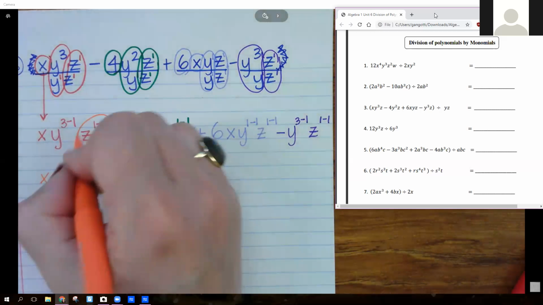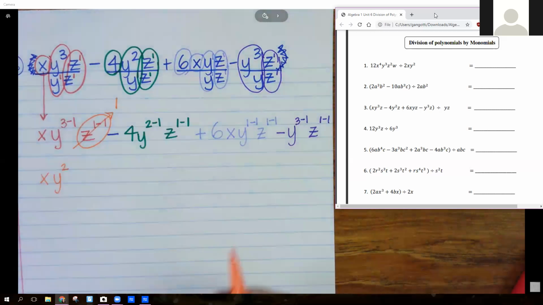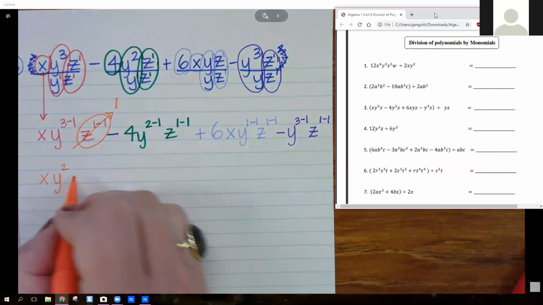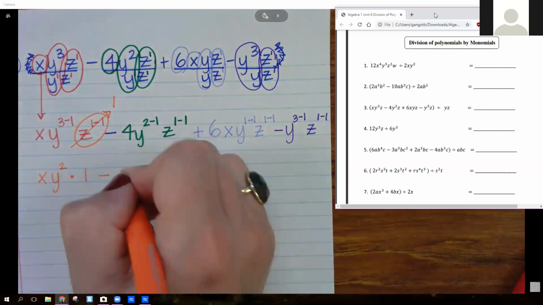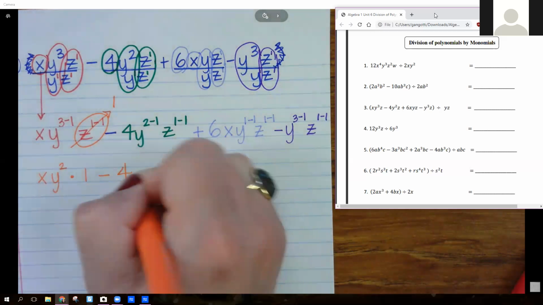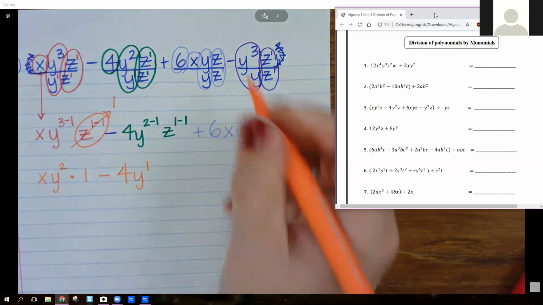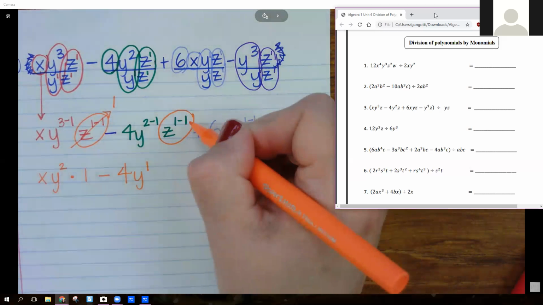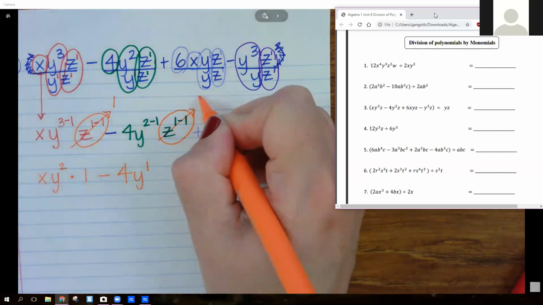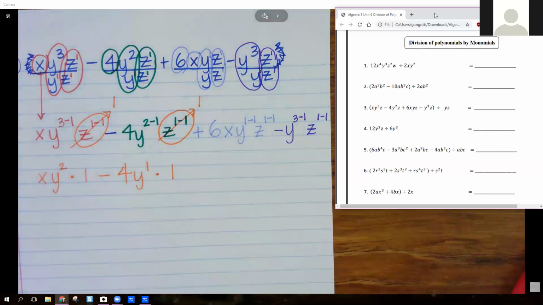So this is going to go to 1. So this will be technically times 1. Minus 4y to the first. Oh, here we go. It happened again. 1 minus 1 is 0. So this goes to 1, technically times 1.